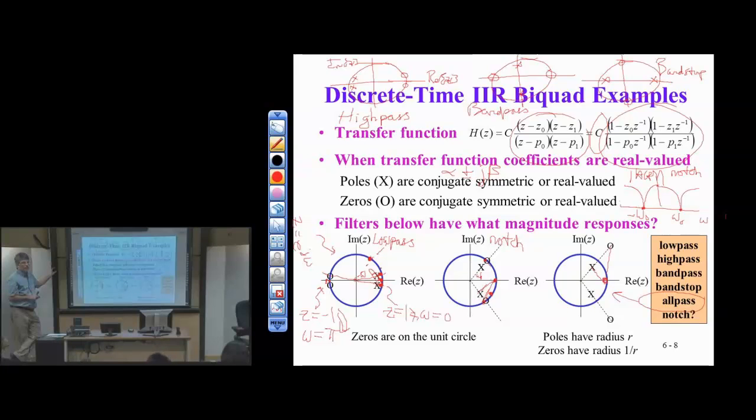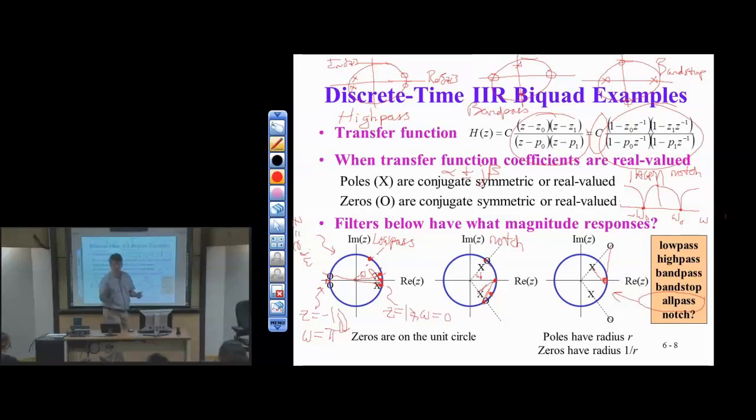That's the more common case. So I have 2 pole pairs. One goes to biquad 1, one goes to biquad 2. I have 2 zero pairs. One goes to biquad 1, one goes to biquad 2. So I can realize higher order filters with just cascading biquads.